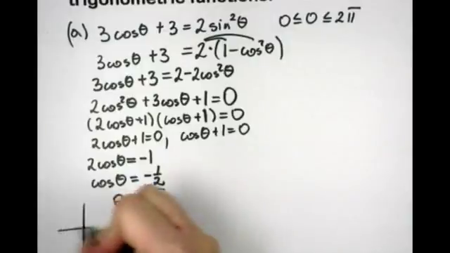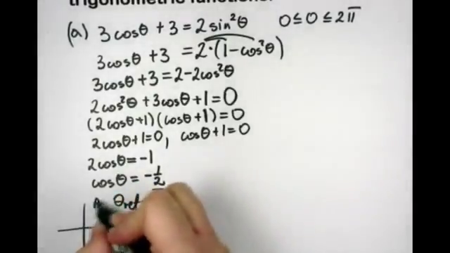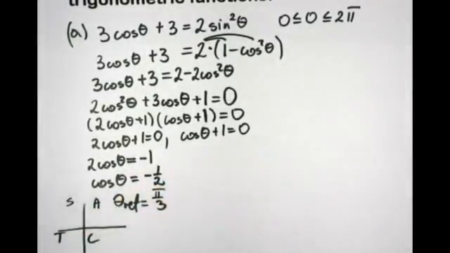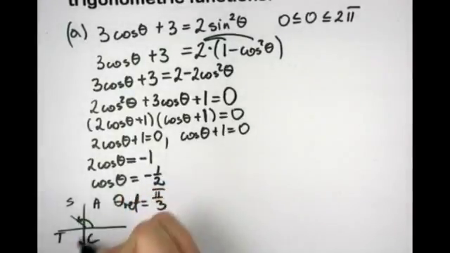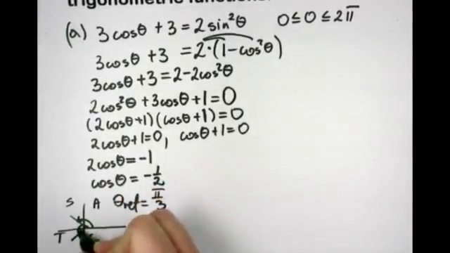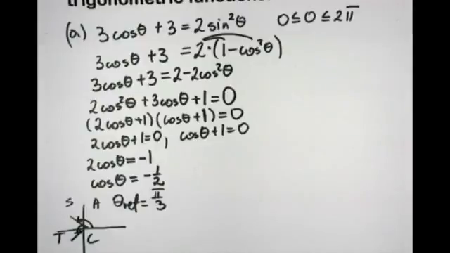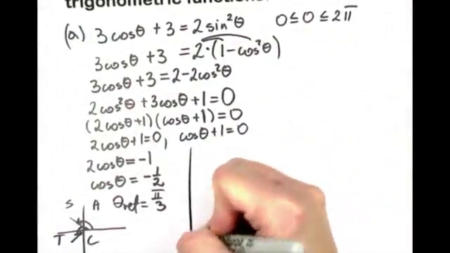So I'm charting my add sugar to coffee. Cos is positive in the first and in the fourth, but we talk about negative. So I'm looking for this angle and I'm looking for this angle. So this part, this one is pi. I think I need to do it bigger.